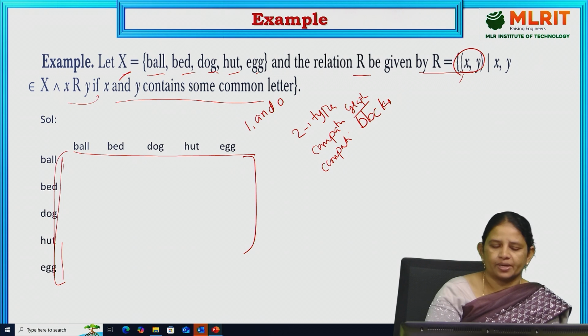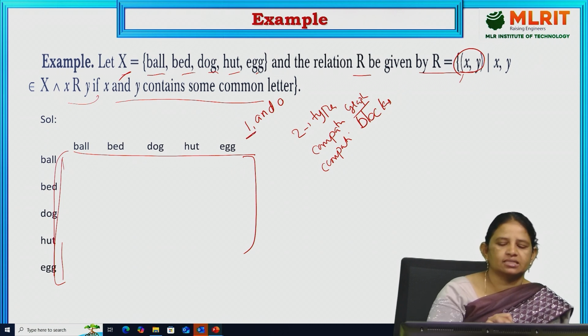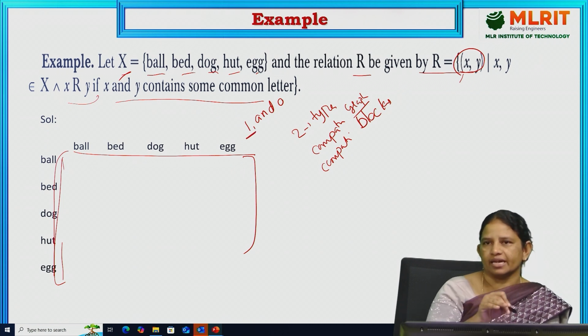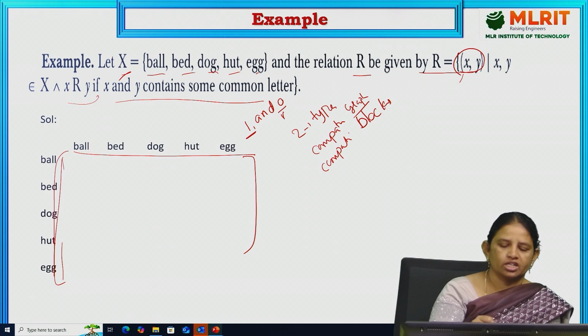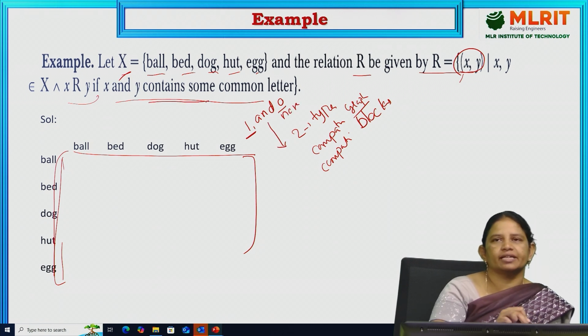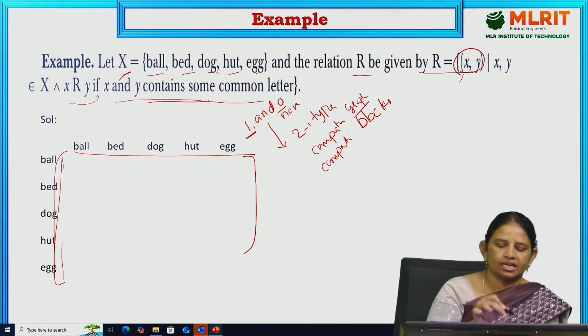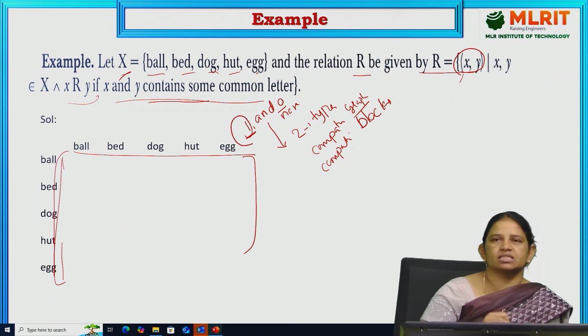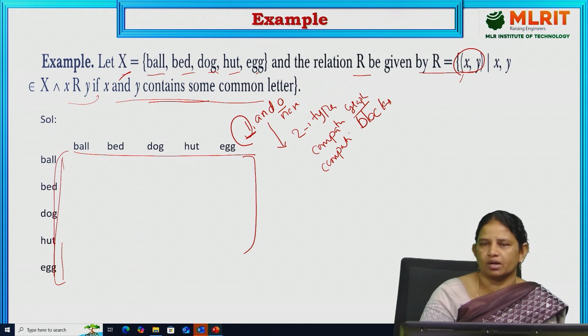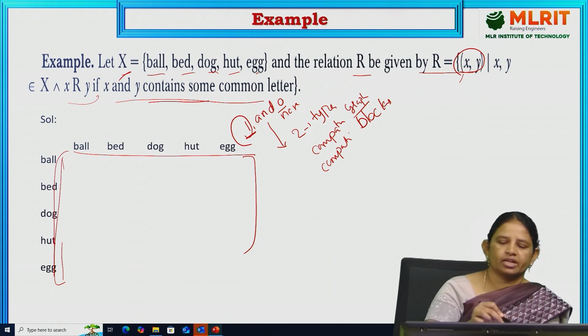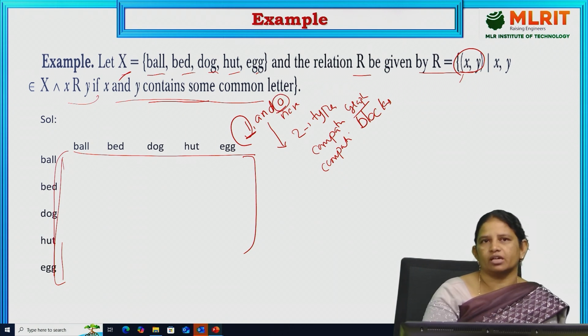What is 1 representing? 1 represents that a relation exists, and 0 means no relation. What is the relation here? x and y contain some common letter. If a common letter is present, the relation exists and is denoted as 1. If there is no relation, we denote it as 0.